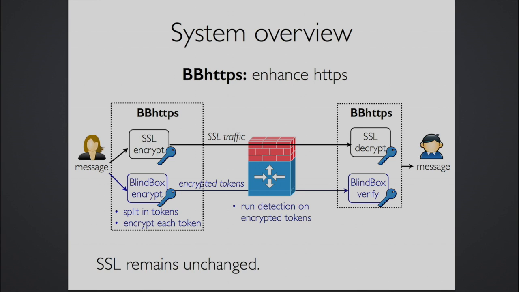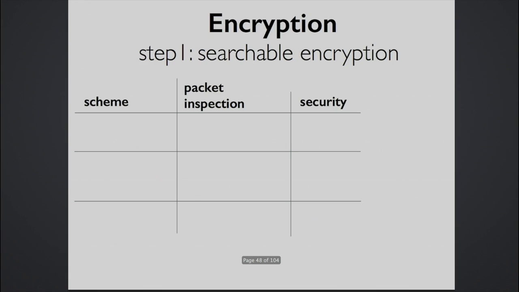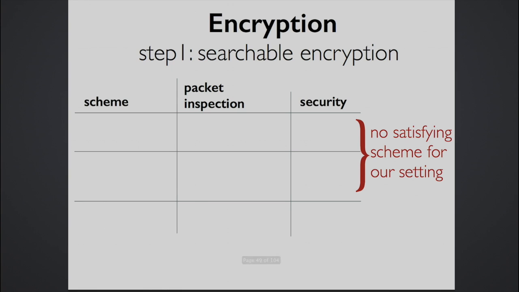So the very first step is something that we have in the security community, which is searchable encryption. This is a really cool primitive that allows you to search on encrypted text. So you can search an encrypted keyword over encrypted text, and all that you learn is that there's a match at some point or not. But unfortunately, none of these were really satisfactory for BlindBox because these schemes are split into two parts.